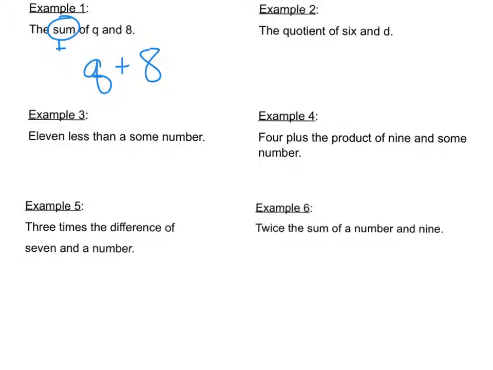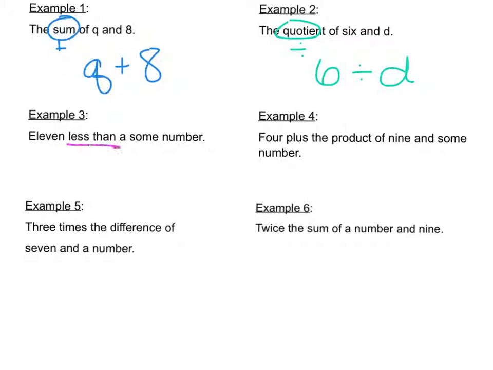And we're going to do the same thing for the next 5 examples. So we have the quotient of 6 and D. Quotient is dividing. Next, 11 less than a number.